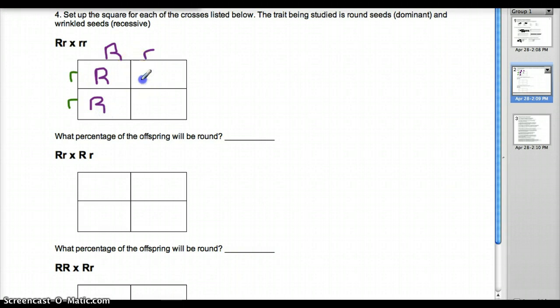I'm going to go ahead and fill in my purple letters, and then the other parent's going to donate the green allele. If I look at this, it says what percentage of the offspring will be round? Well, round is the dominant trait, and round has to have a big R in it. So your round offspring are going to be these right here. So what percent are round? 50%.